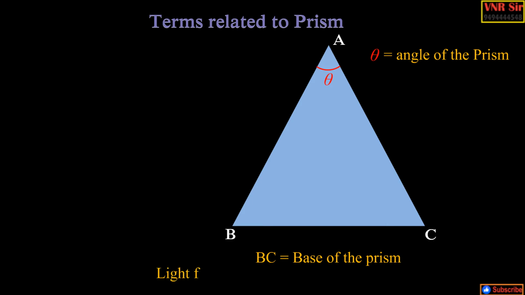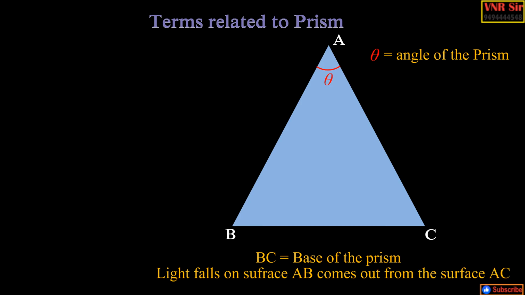Light falls on surface AB and comes out from surface AC. Let us consider a light ray which is falling on the AB surface. The light ray would travel in a straight line if there were no prism. The dotted line indicates the actual path of the light. Let us draw a normal to the surface AB at point Q. Here the light is moving from a rarer medium to a denser medium.